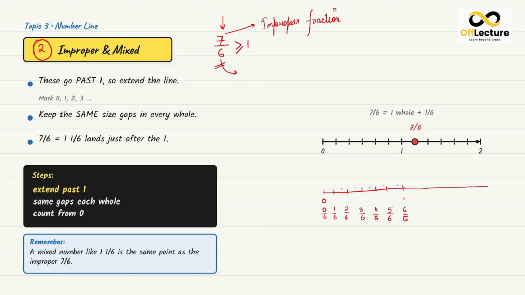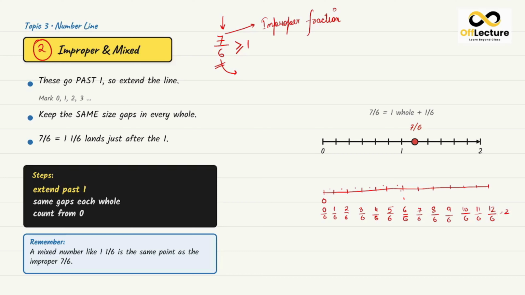If we create one more equal part, this will be 7 by 6, then 8 by 6, 9 by 6, 10 by 6, 11 by 6, and then once again one more part, 12 by 6, which is nothing but 2.